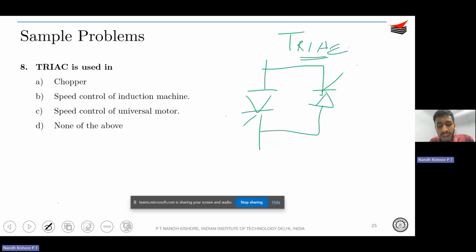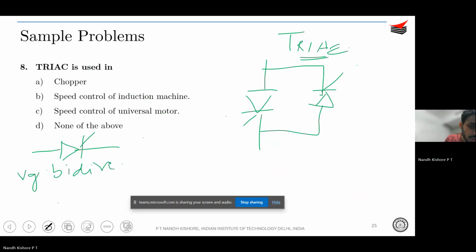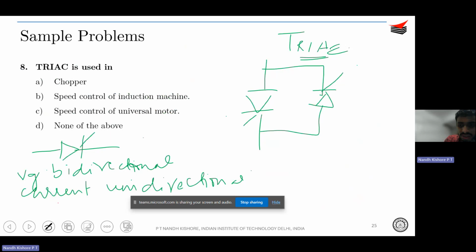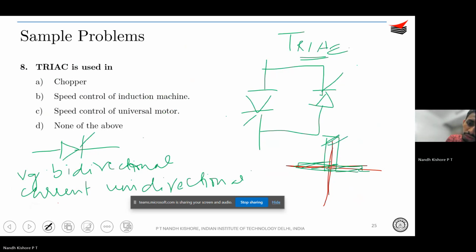And you of course know that your SCR is actually a voltage bidirectional, current unidirectional device. That is, the characteristic is something like this: voltage bidirectional and current unidirectional.